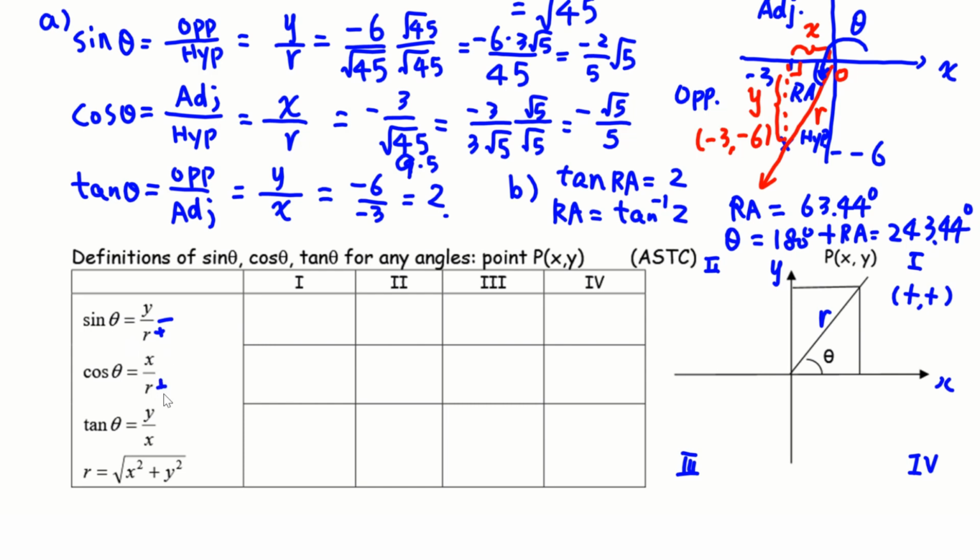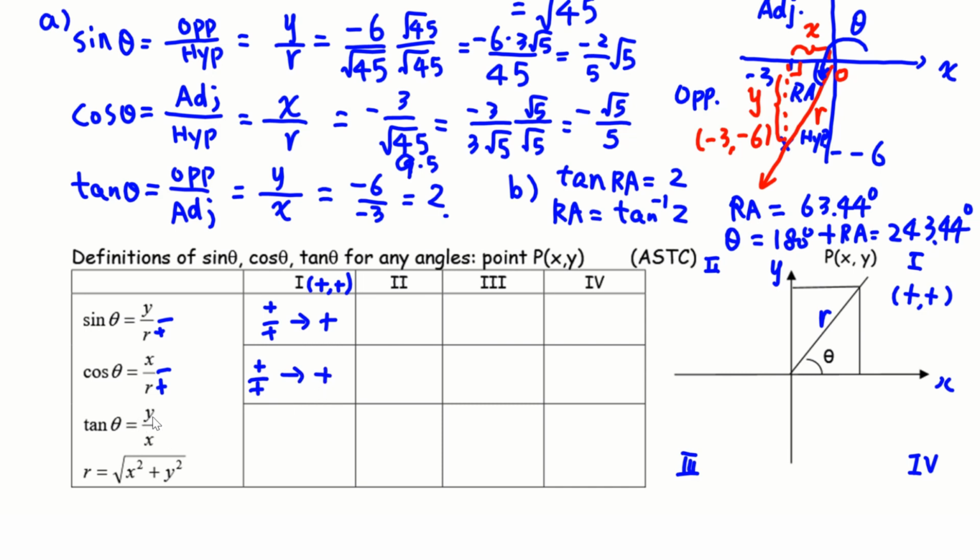So r is positive. In the first quadrant both x and y are positive. So y over r, positive divided by positive, gives you positive. And x over r, the x coordinate is positive and r is positive, so it gives you positive.